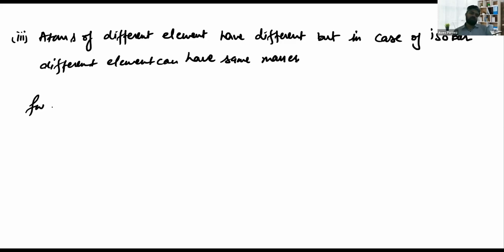For example, nitrogen 14 and carbon 14. Like argon mass is 40 and calcium mass is 40. So these are different elements, same mass. So what are isobars?